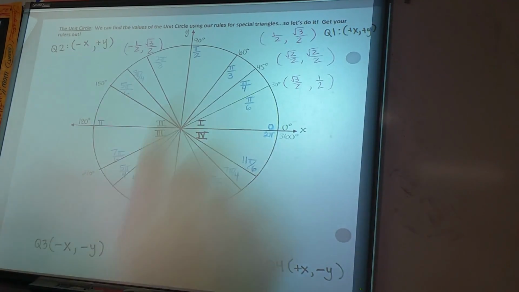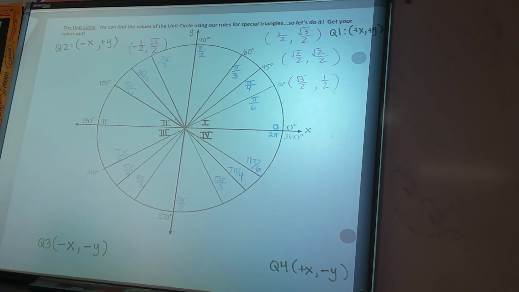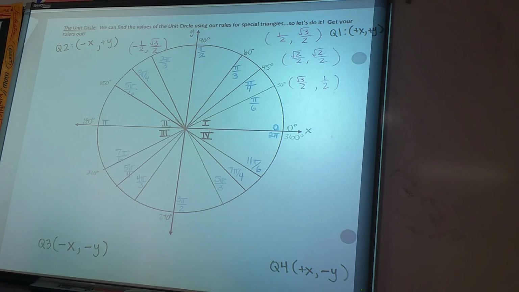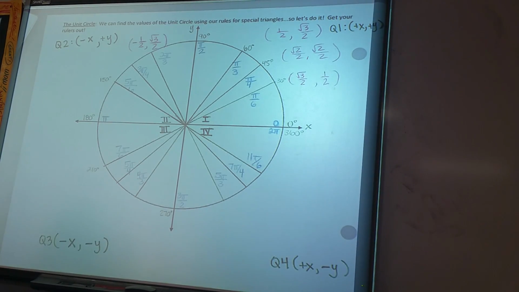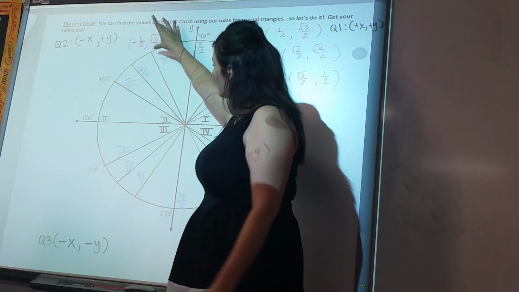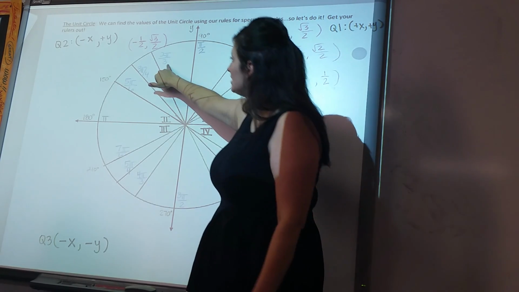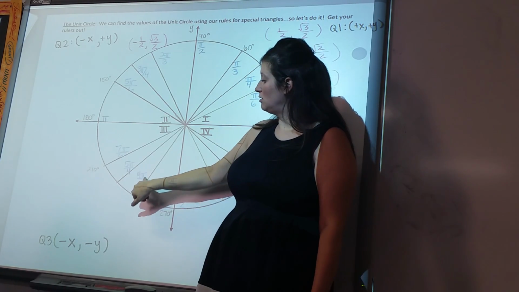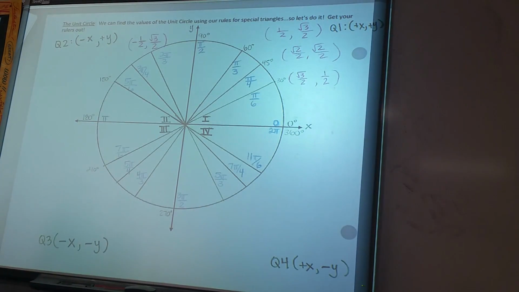Okay, so I'm going to do this point in every single quadrant. Okay, so then I'm going to flip this point down below. So if I reflect this point, okay, down here, notice, see how this has a pi over 3? All of these should have the same order of points. It's just their signs are going to be different.